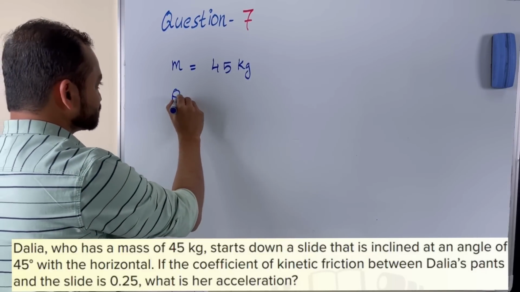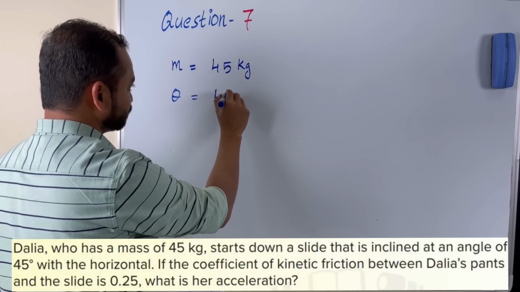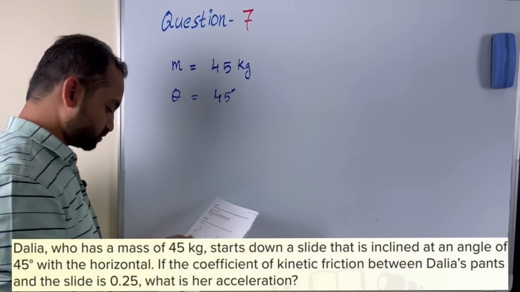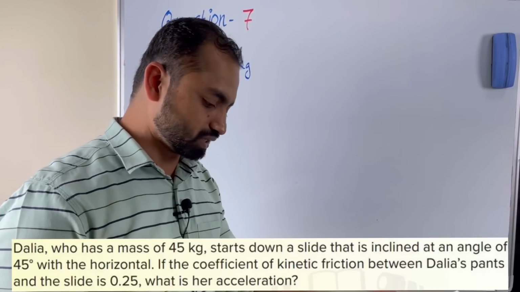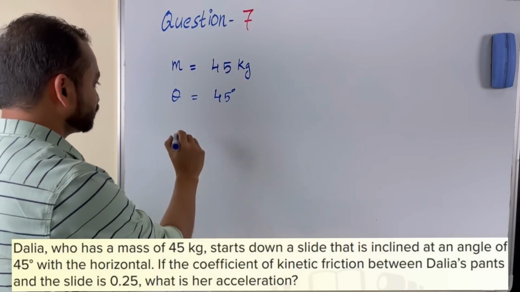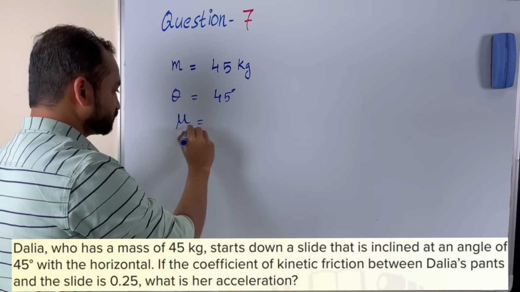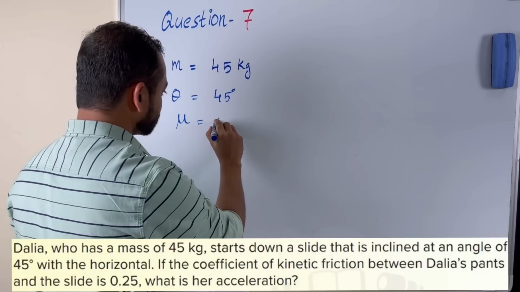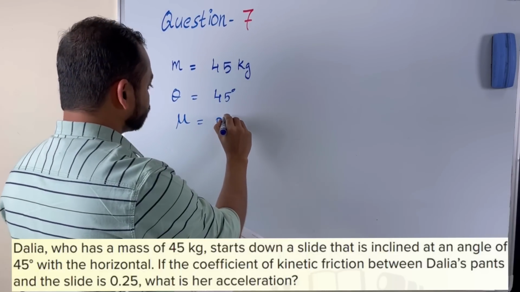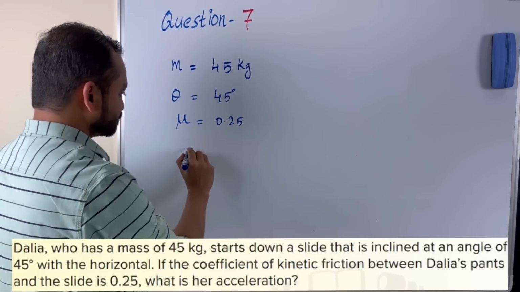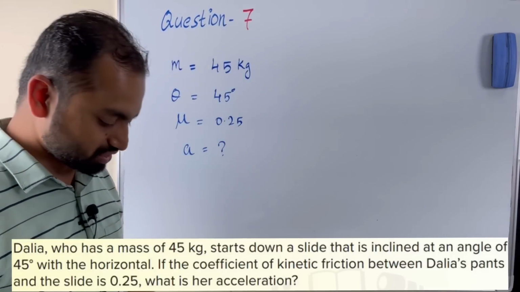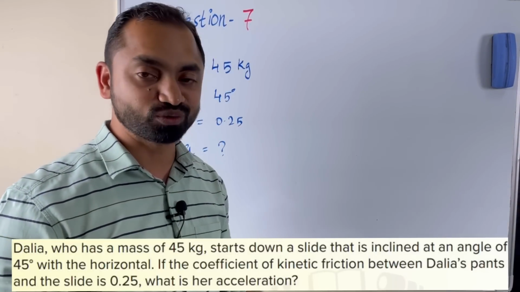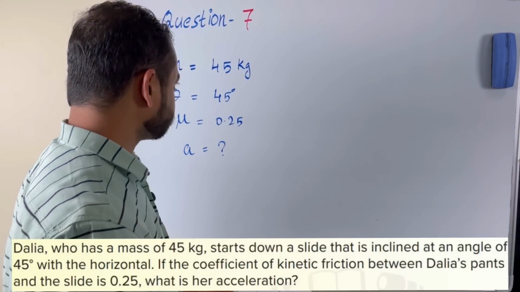So the theta is given, the angle is 45 degree from the horizontal. The coefficient of friction we will represent by mu, that is 0.25. What is the acceleration? We need to calculate her acceleration.